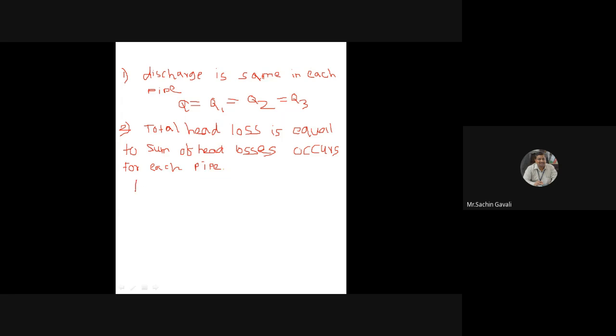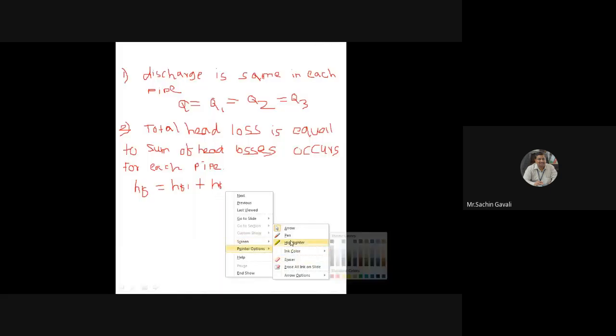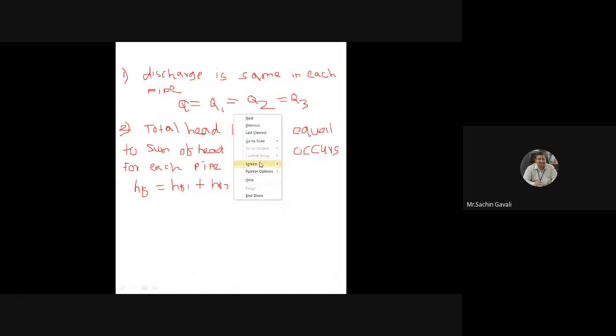Let HF be the total head loss, equal to HF1, head loss for pipe number 1, plus head loss for pipe number 2, plus head loss for pipe number 3. HF1 plus HF2 plus HF3.